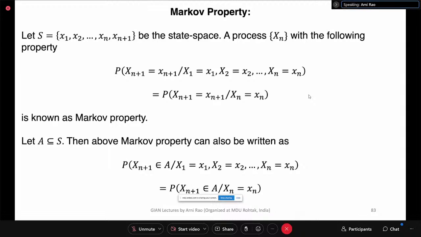If it is not clear, feel free to stop me, as you are all rightly doing. This is arbitrary. Xn+1 need not be fixed; it can take any value in the state space. Whatever value it picks at time step n+1 depends only on the previous step's value. That is called the Markov property.